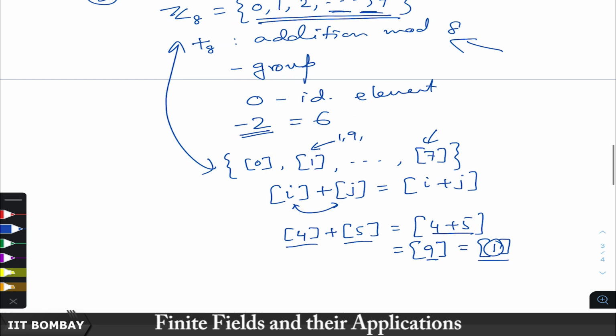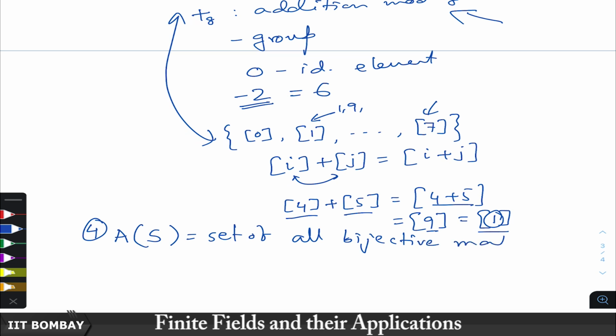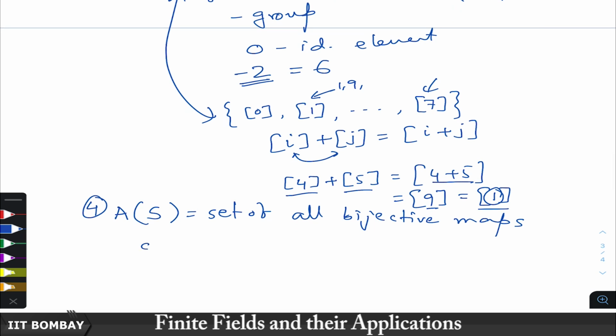Now, another group that we have come across, that is, given a set S, we denoted by A of S the set of all bijective maps, that is one-to-one correspondences, okay, and the operation is composition of maps.